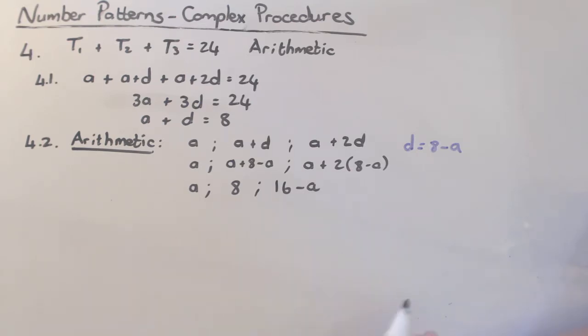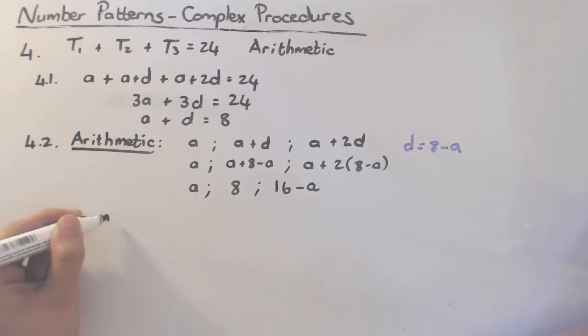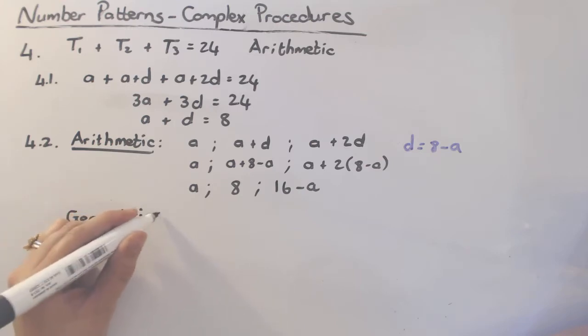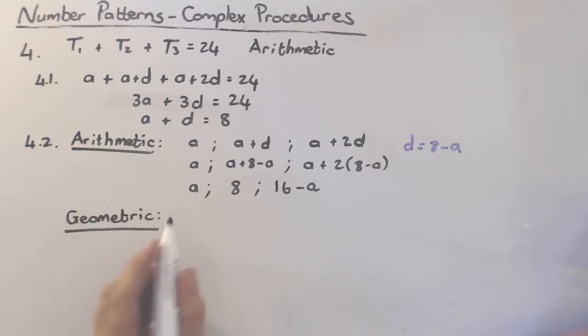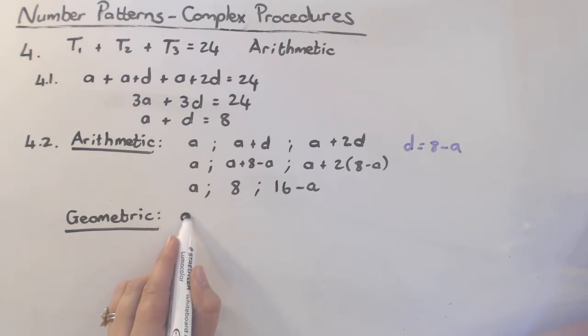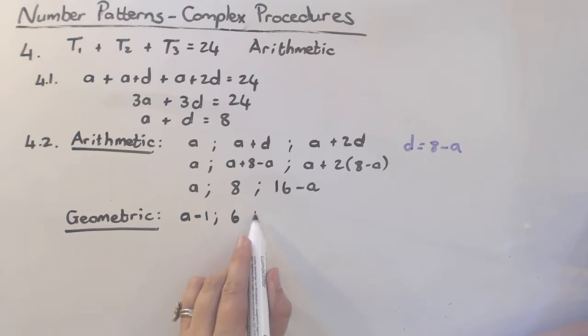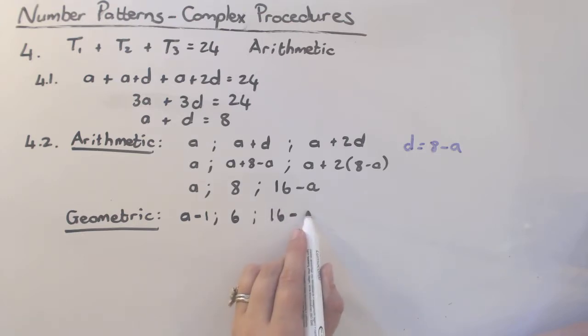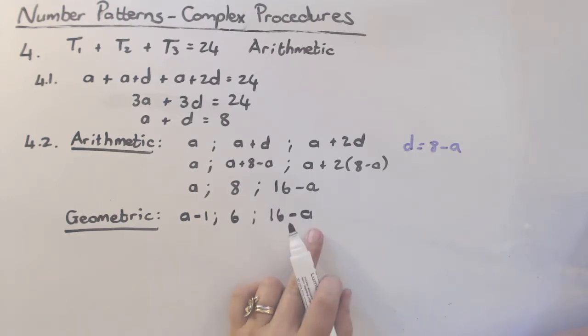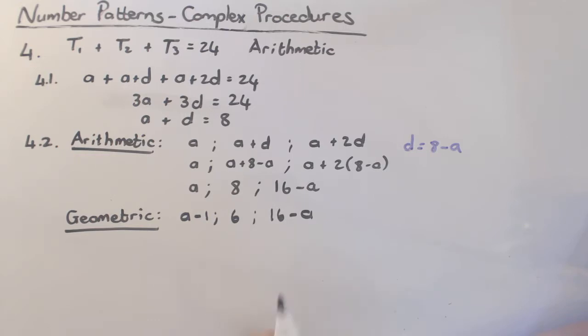So the sequence now looks like this, only in terms of A. Then for the geometric one they give me, if I subtract 1 from the first and 2 from the second, then this is A minus 1, 6, 16 minus A. Then this is a geometric series.